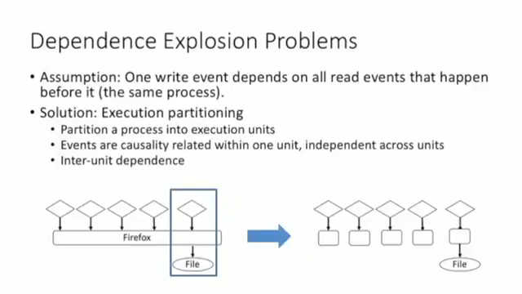And for all the events that happen in different units, by default we assume they don't have a dependence. That's how we stop the propagation of the dependence. And by leveraging the inter-unit dependence, this will complete the graph. We won't lose any necessary dependence here.